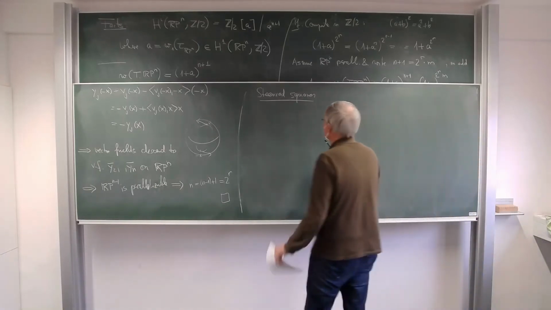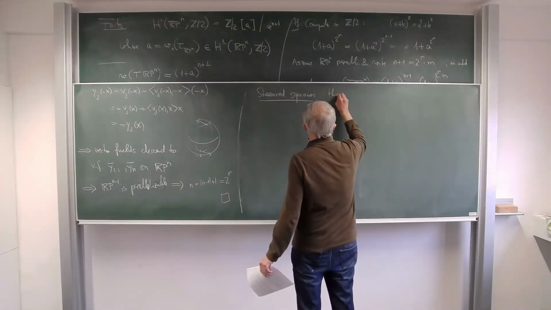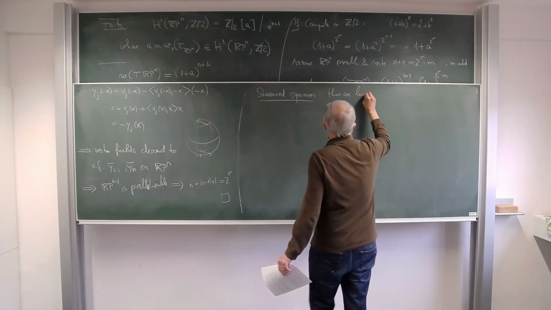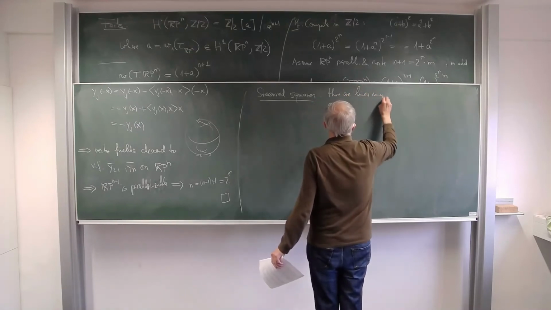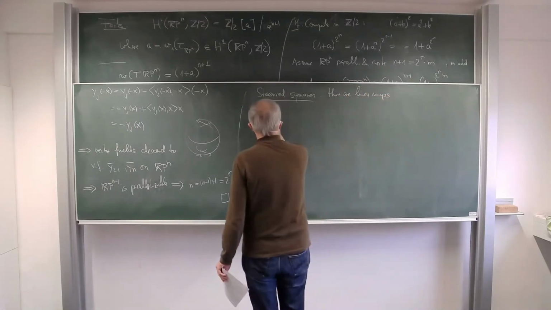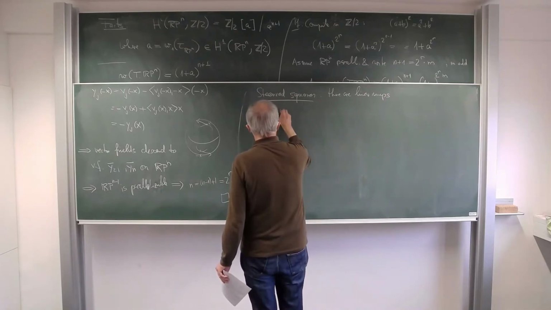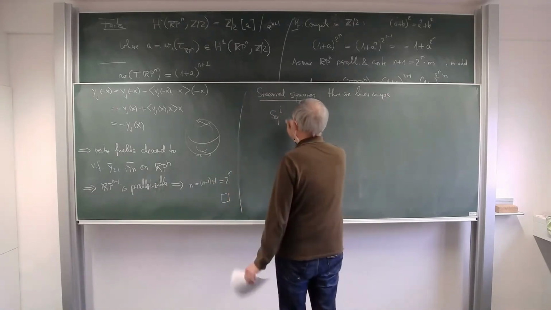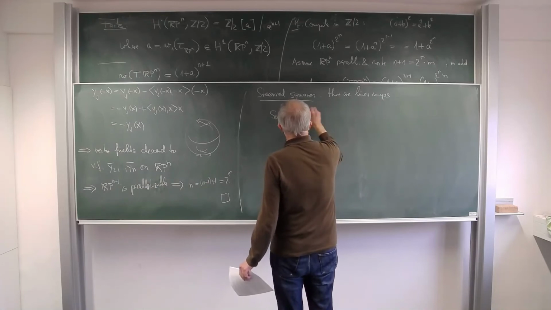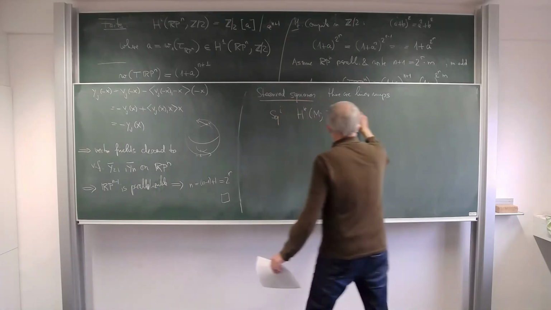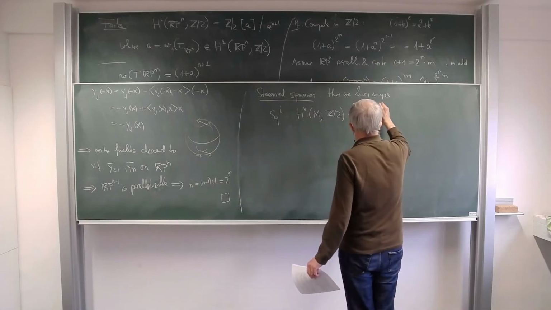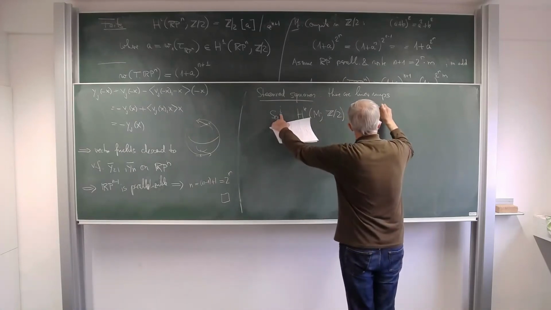Namely, there are linear maps denoted Sq upper i. So they map from the cohomology of a space M with Z2 coefficients to the cohomology shifted by degree i.